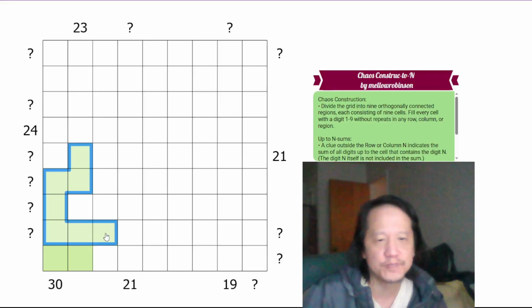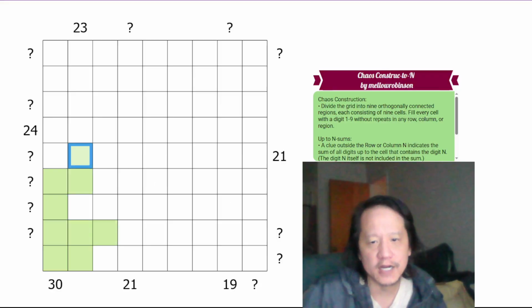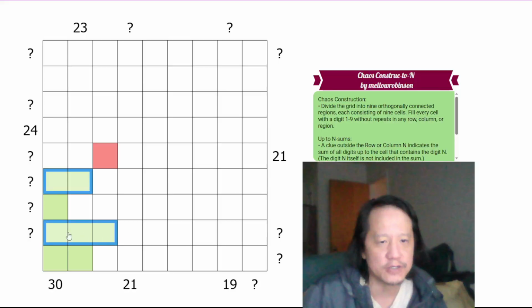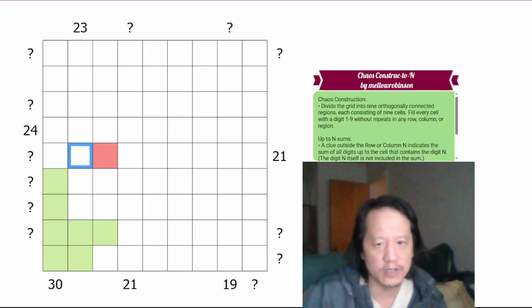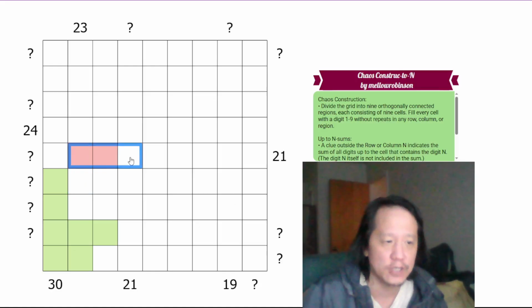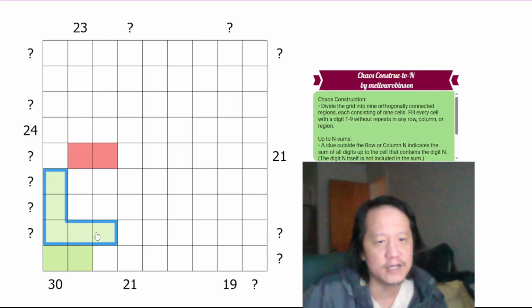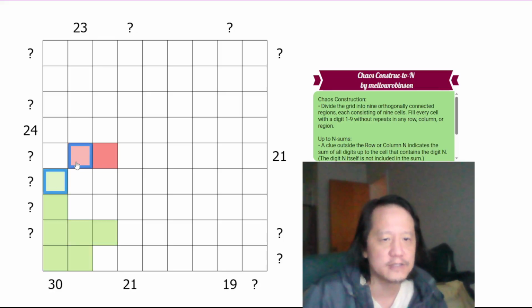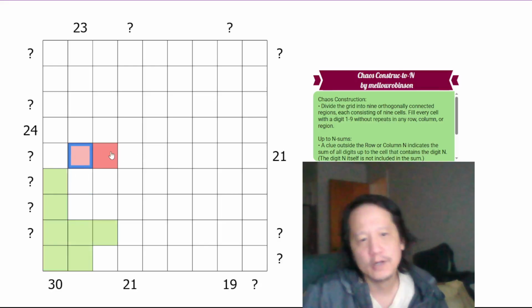What you cannot have is something like this, because to get from this cell to any other cell in the region, you either have to go through a corner or go outside of the region, which is not allowed. Similarly here, even though these two can connect to each other by going through an edge while staying within the region, they cannot go to any other cell in the region. So that is how orthogonally connected regions work.